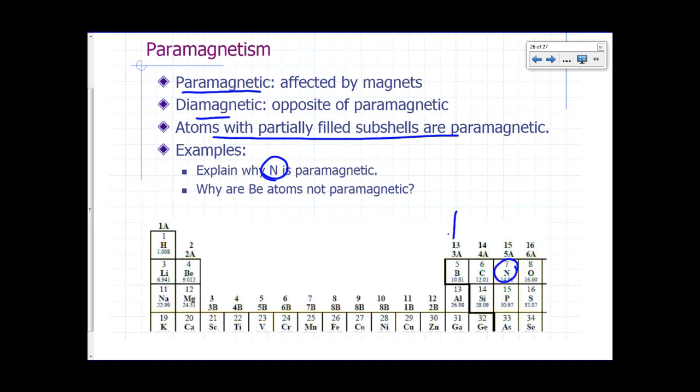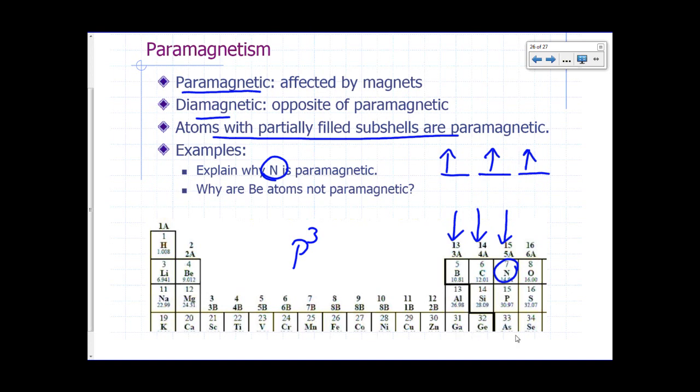It's in the p1, p2, p3. So the valence configuration, the outermost configuration of nitrogen, is p3. It has a half-filled p subshell with three electrons. Those 3 electrons would spread out among the 3 orbitals, and they'll have parallel spins. So that's what makes the nitrogen atom paramagnetic.